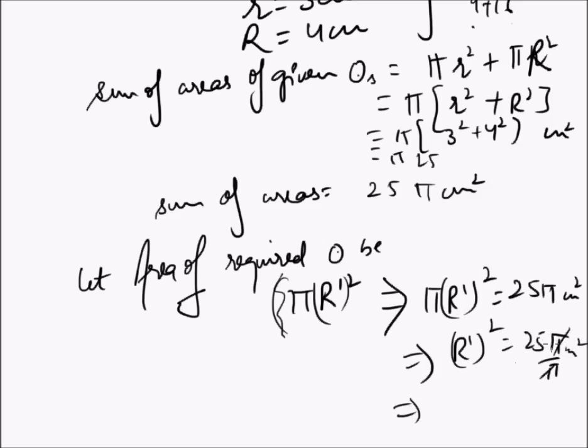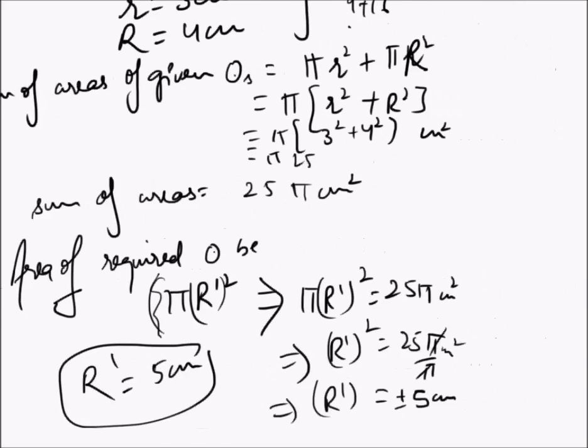Pi gets cancelled, being the same factor in numerator and denominator. So we have r dash as plus minus 5 centimeter. Now length can't be negative, therefore rejecting the negative value, the radius of the required circle is 5 centimeter.